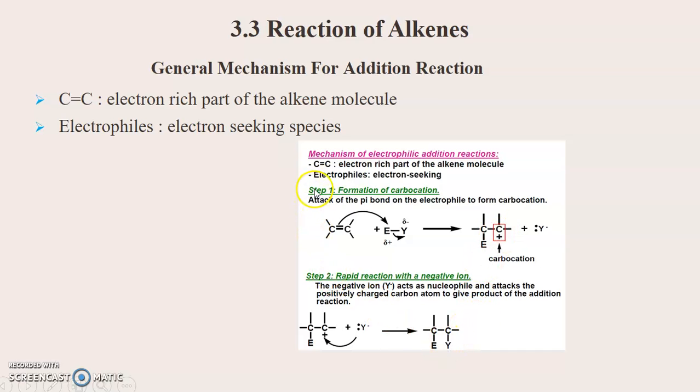Okay, so mechanism for electrophilic addition consists of two steps. The first one is formation of carbocation from the attack of electron from the double bond into the positive side of the species. So we get a carbocation with the negative species, and this negative species will attack the carbocation and form another bond.